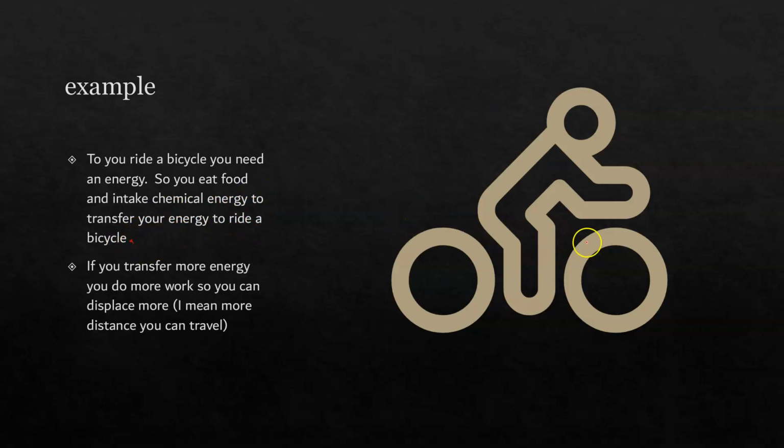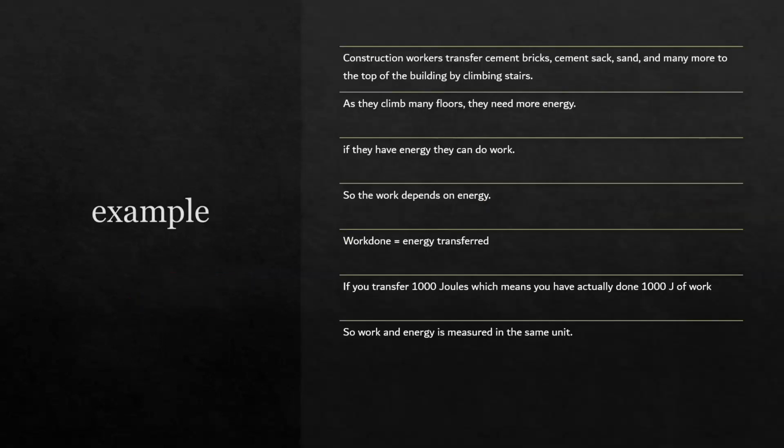So if you want to ride a bicycle, you have to eat some food so that you gain energy, chemical energy. If you transfer more energy, you do more work, so you can displace more. That means you can go very far, cover more distance, and travel.